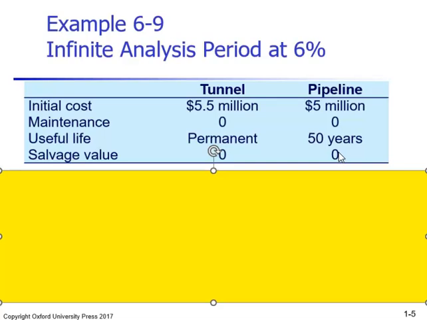Of course, there is a way to calculate it accurately, but use your instinct. If you were a person without any knowledge of all those calculations, which option would be your choice, tunnel or pipeline?